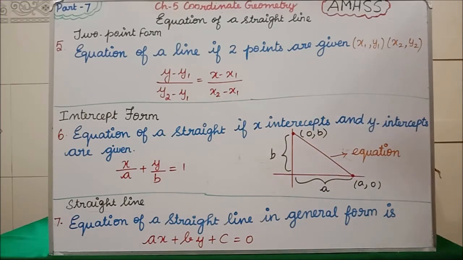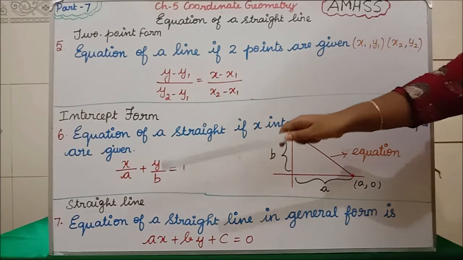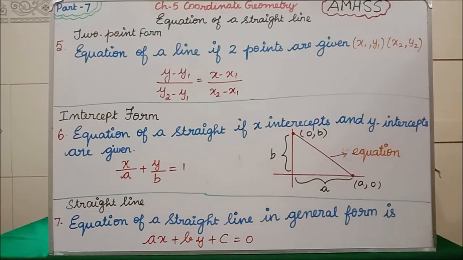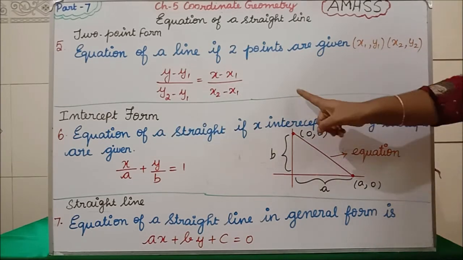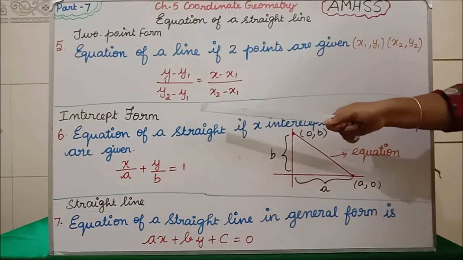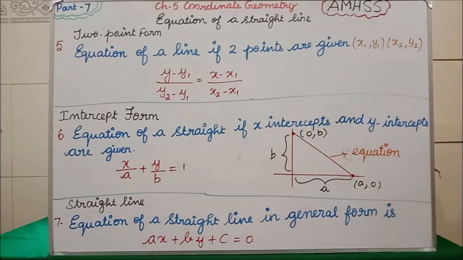Clear? So how can we write it now? x by a plus y by b is equal to 1. Clear? On the x-axis it is intercepting at a, on the y-axis it is intercepting at b. So if in the question the x-intercept and y-intercept are given and they ask to frame the equation, x by a plus y by b equals 1.